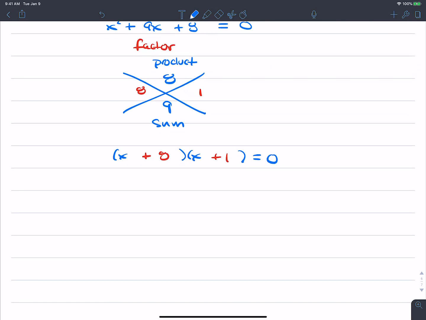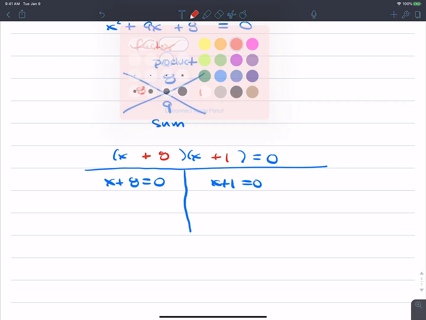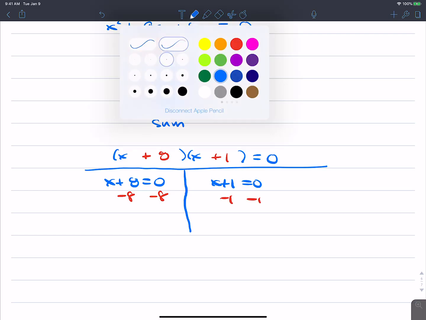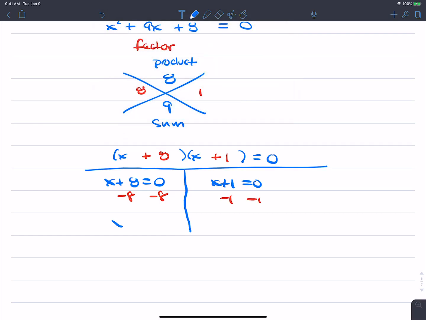Okay. 0 product rule. X plus 8 is 0. X plus 1 is 0. What do? Subtract 8. Subtract 1. What do you end up getting here? X is negative 8. What's the other one? X is what? And you're what?